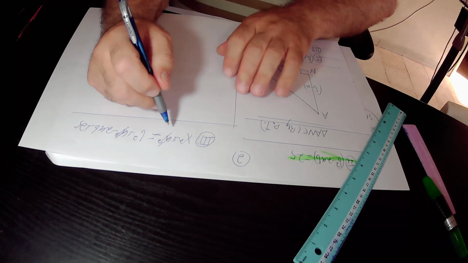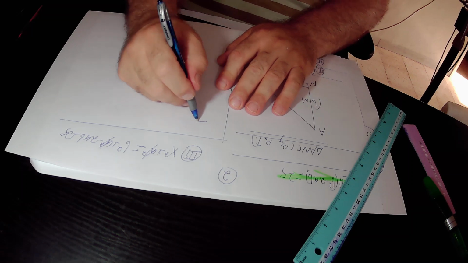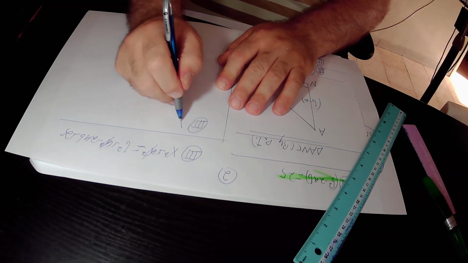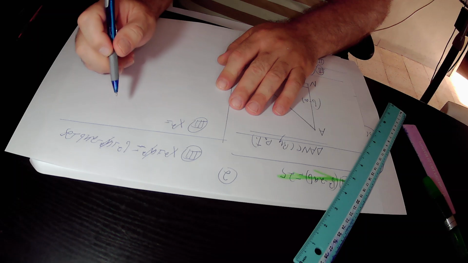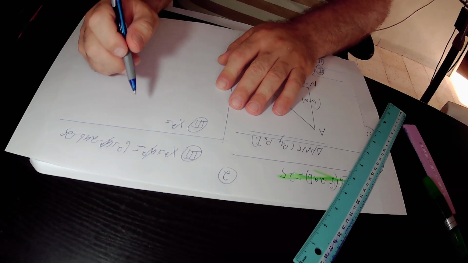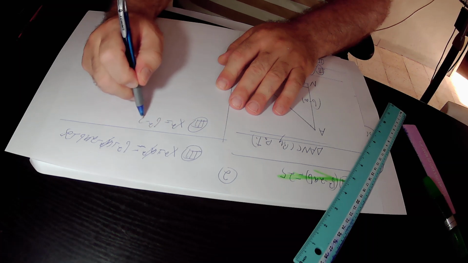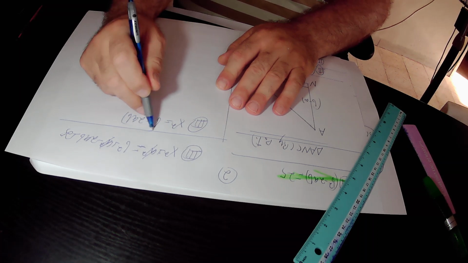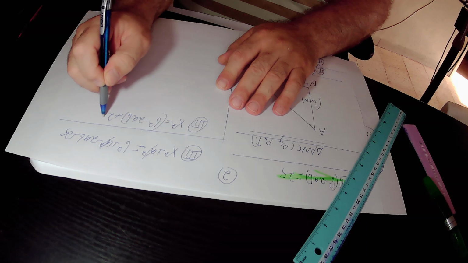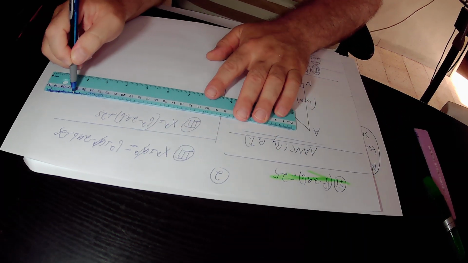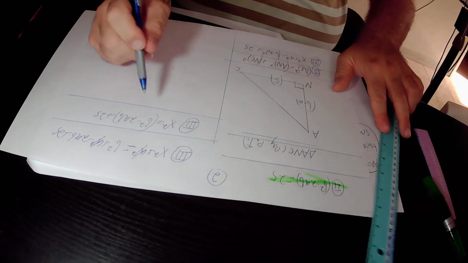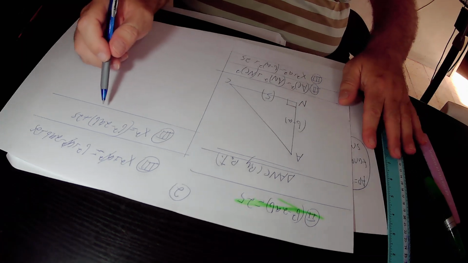After we cancel A squared, on this side of equation 3 we're left only with X squared. On the other side we're left with B squared minus 2AB plus 25. Again, according to equation 3, X squared equals B squared minus 2AB plus 25.